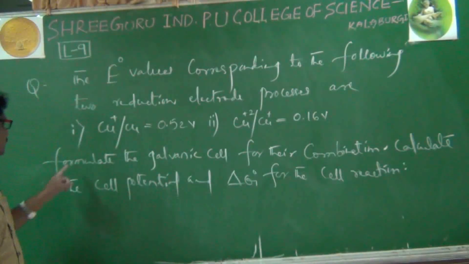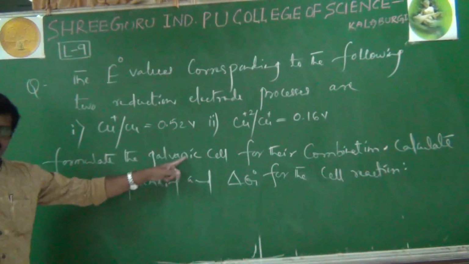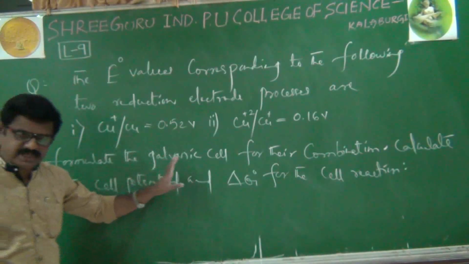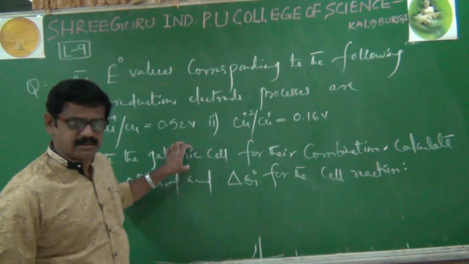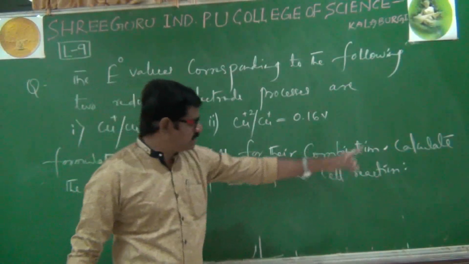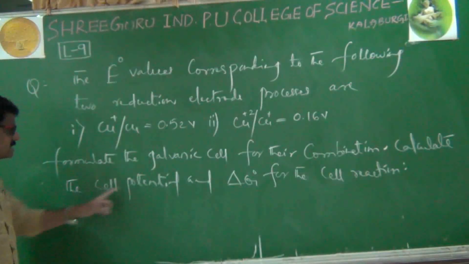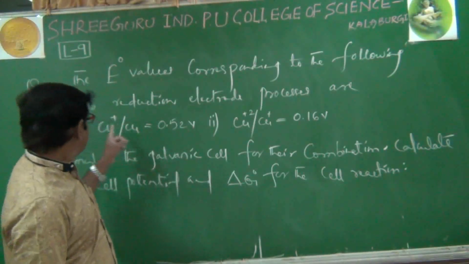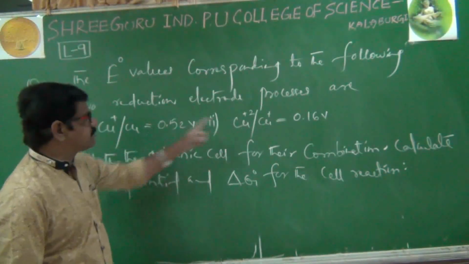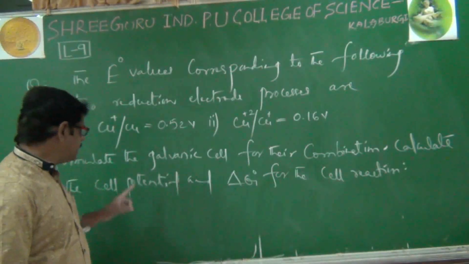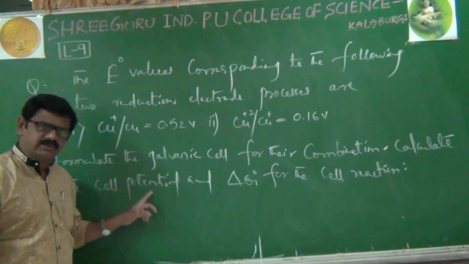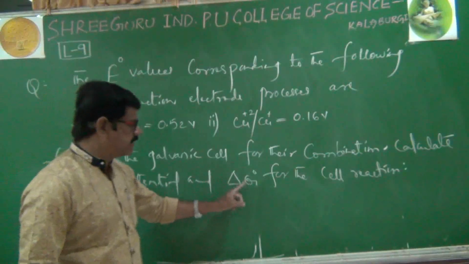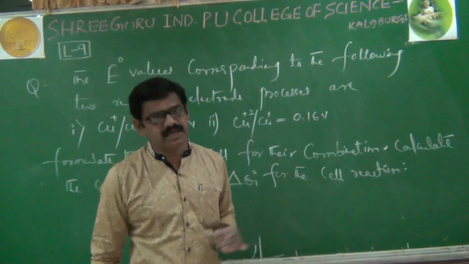Now what is being asked: first, formulate the galvanic cell, which means we have to construct the galvanic cell symbol for their combination, and next, calculate the cell potential. Cell potential is nothing but, since both standard SRP values have been given, E naught cell is what we have to calculate, and at the same time we also have to calculate delta G naught.